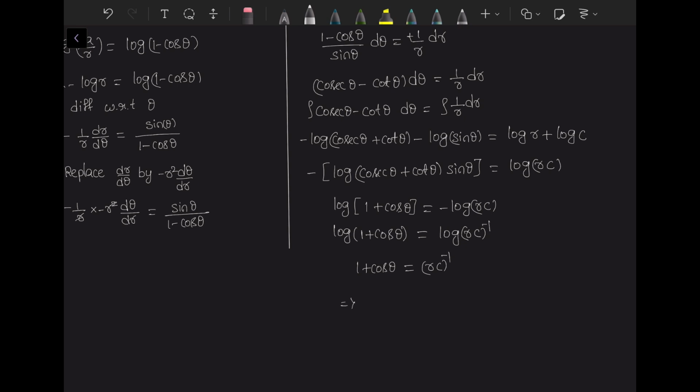This implies 1/(rc) = 1 + cos θ is the required orthogonal trajectory we need. Thank you.